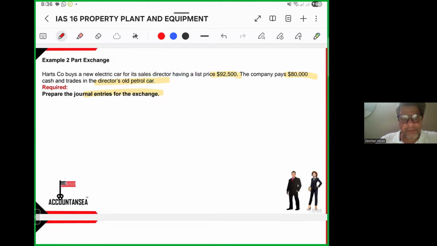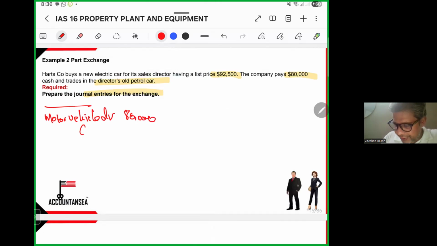So what's the cash payment for the payment of the car? Well, motor vehicle debit $80,000, cash or you can say bank credit $80,000.